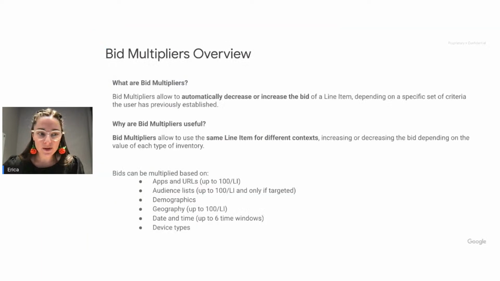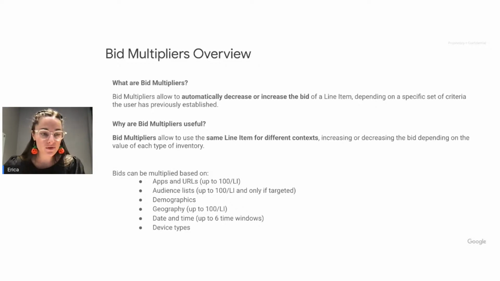So I'm kind of going to breeze through this because I just mentioned this at a high level in the demo, but bid multipliers allow you to automatically decrease or increase the bid of a line item. So as you're in that optimization mode and you're thinking about what's performing well, what's not, this allows you to just tweak the weight of certain features like apps and URL, audience list, demographics, geography, date and time, and device types.